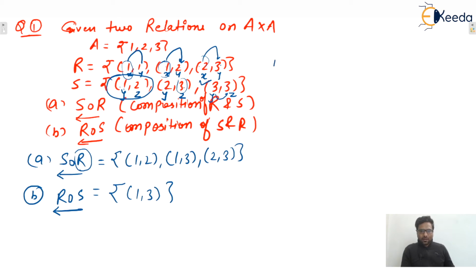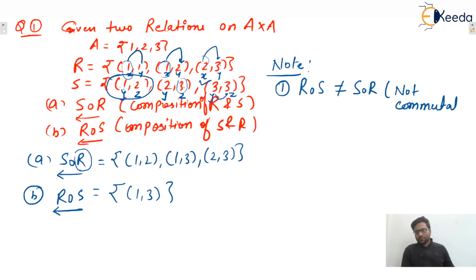From here you can observe many things, so write down one note. Here you can observe that the composition of S and R is not equal to the composition of R and S, isn't it? So we can say that composition of relations is not commutative.